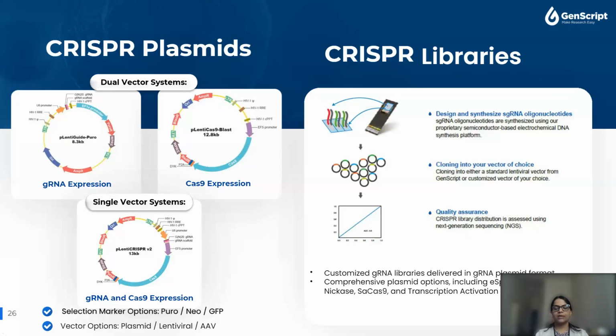Additionally, fully customized gRNA libraries are available for various applications, including gene silencing, genome-wide screening, knockout or activation. Furthermore, our CRISPR gRNA library construction service utilizes oligopool synthesis technology, which can effectively reduce the cost and accelerate the gene target screening timeline.